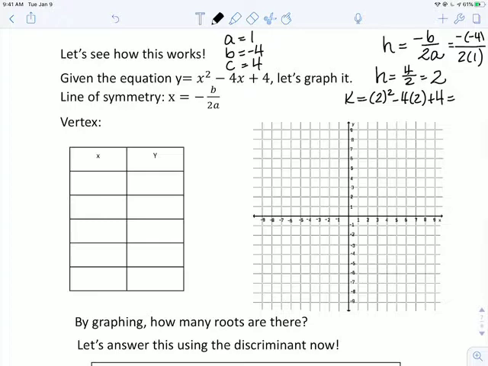And I'm getting k is equal to 0. So 2, 0 is my vertex. Then, if you've seen me talk about graphing quadratics, the easiest way to do it is to go 1 unit to the right of the vertex.